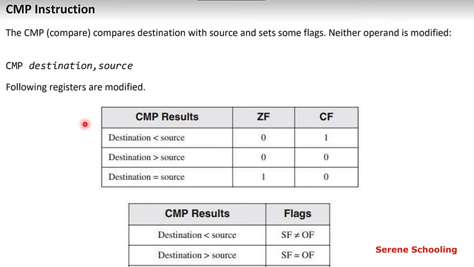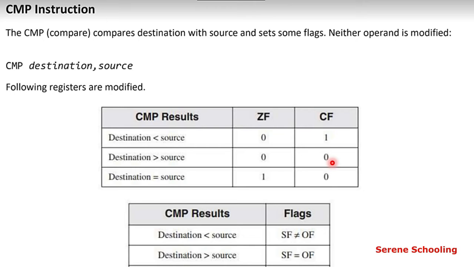Because the source is smaller and the destination still has some space to accommodate a value. So no overflow has occurred. In that case, the carry flag and the overflow flag are both going to be 0, because no signed or unsigned overflow or underflow has occurred.